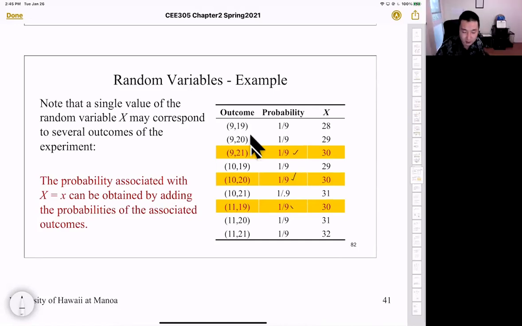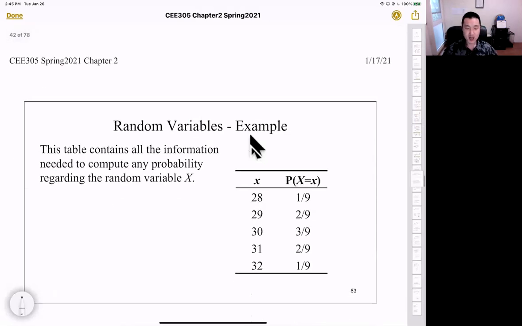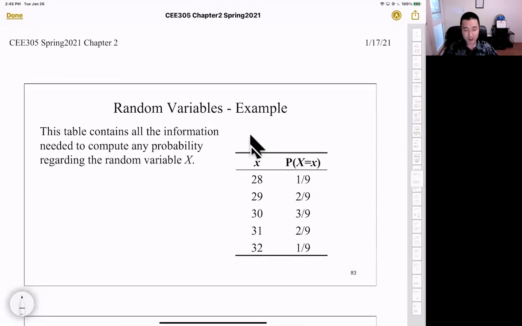So far it's very straightforward. After this little calculation, this table contains all the information we need to complete any probability regarding the random variable X.